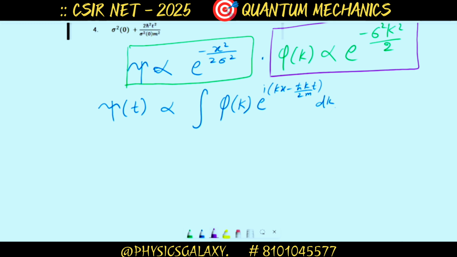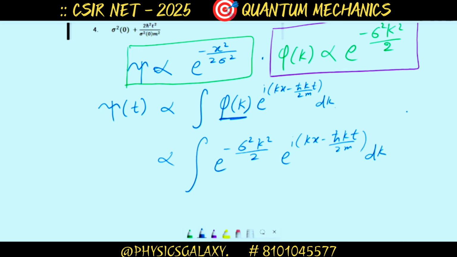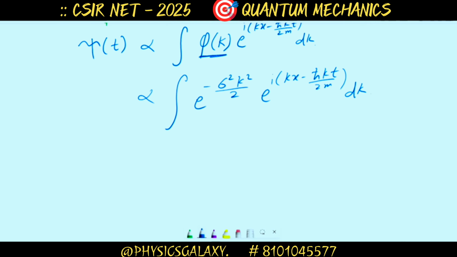Now we just need to solve this integral, so it will be proportional to the integral of phi of k, which we know is e to the power minus sigma square k square by 2, and then e to the power iota kx minus h cut k square t by 2m.